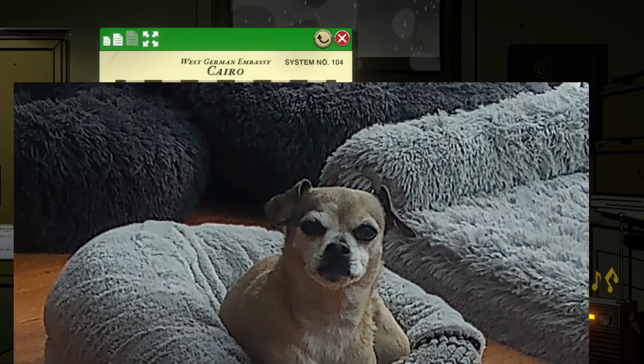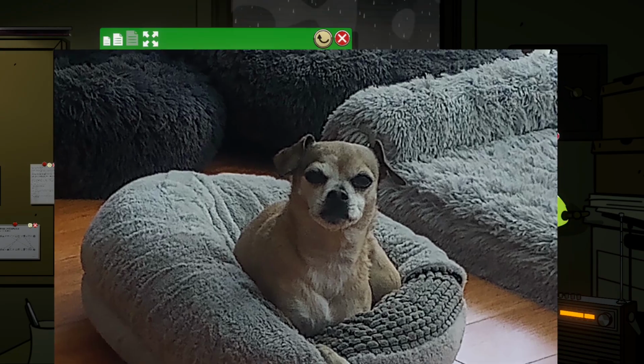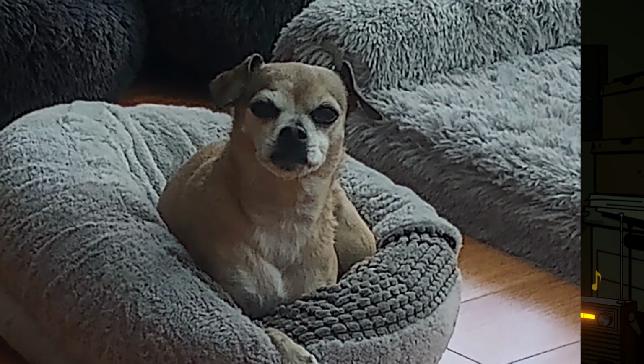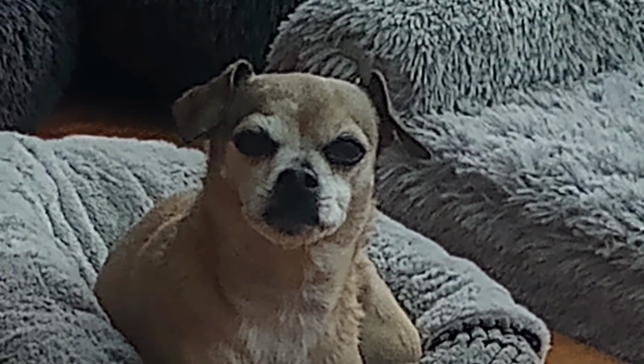That's her. As she currently is. Giving me a stare down. Just an absolute stare down. And yes, that is a sea of beds of hers. It's right by my window. And that's where the sun shines. And look at this. Look at that stank face on her.